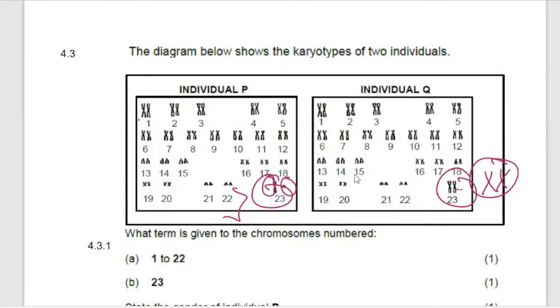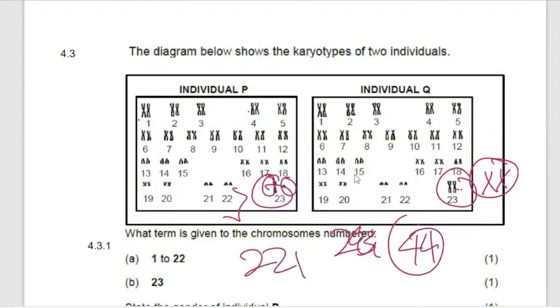But if they ask you how many autosomes are found in P? Please, guys, don't just say that it is 44, or 22 pairs. No, count them, because sometimes maybe chromosome number 6, we put them 3, whereby you say 1, 2, 3, 4, and you don't recognize that.